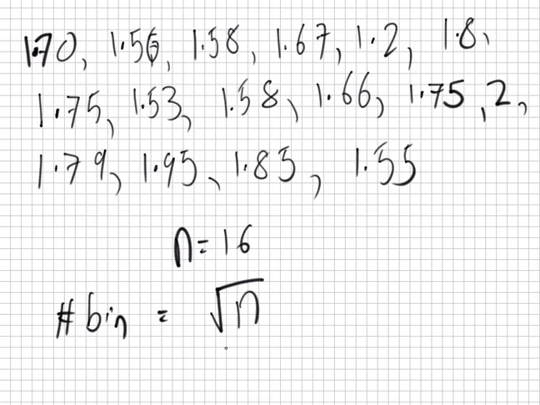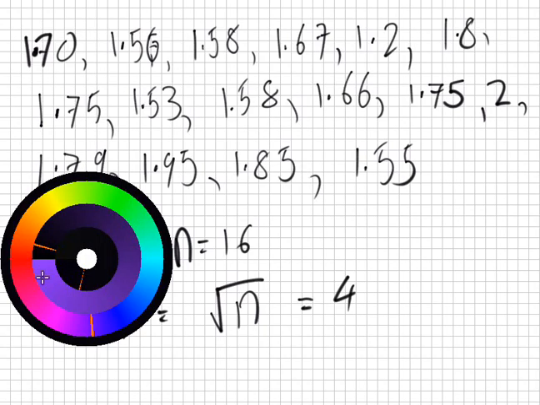So I picked 16 to make it nice and clear that I have 4 bins. Once you've done that, you then have to find the smallest and the biggest value to know where to start and to end.